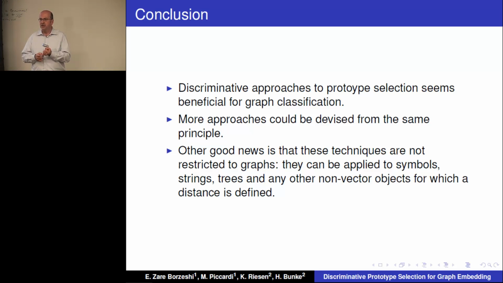So that could include symbols, strings, sequences of symbols like DNA, anything. Whenever you can frame a distance, these techniques can be applied in a class-based or supervised exercise to find the best prototype set for the embedding in a dissimilarity space. That's it. Thank you. The next is just about taking questions.